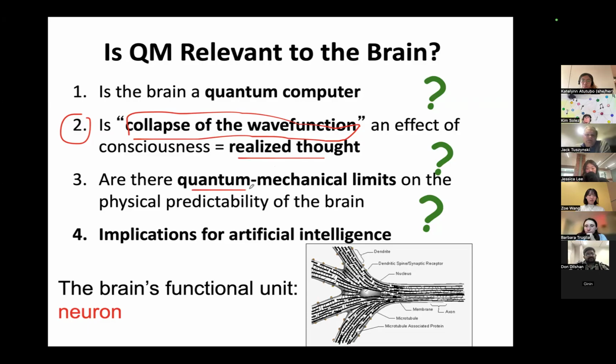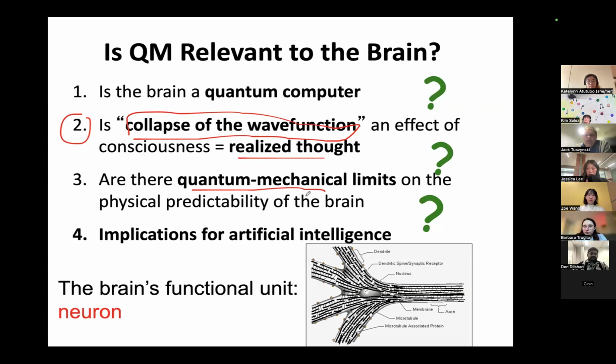Okay, and then with quantum mechanical approaches to the processing of information in the brain, there might also be some limits on the predictability of our brains. There are some efforts in the US principally to read our minds basically by looking at the brain waves, doing the EEG or fMRI or something like this, and decoding it with maybe AI and trying to guess what we are thinking about.